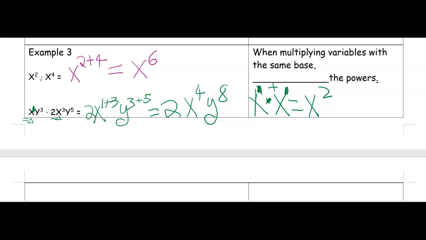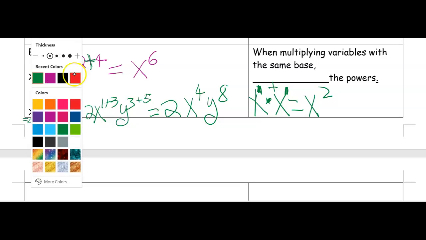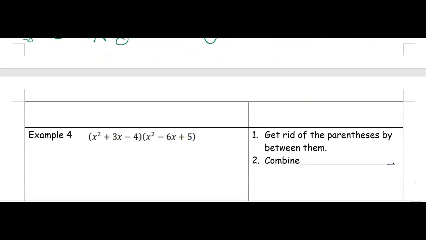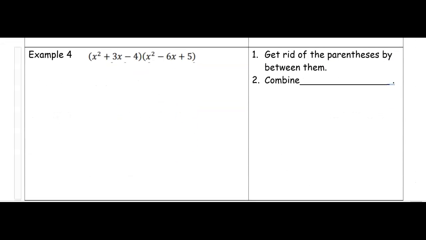When you do multiplication, you add up the powers of the same variable. So let's write the rule down, which is: when multiplying variables with the same base, you're going to add up the powers.